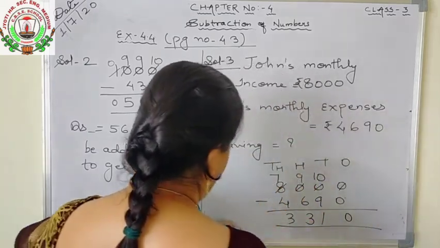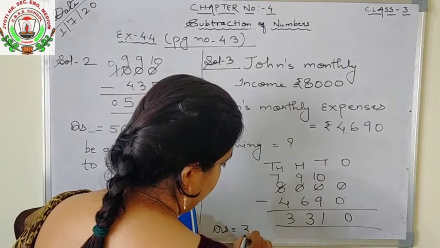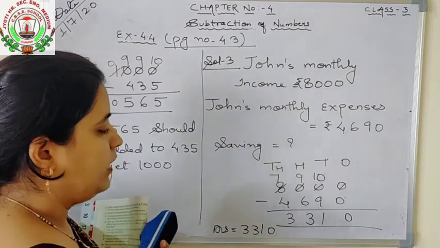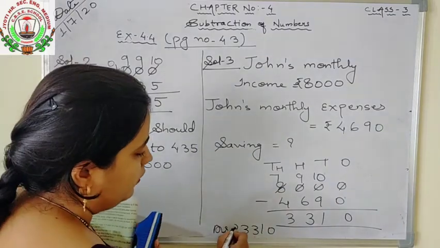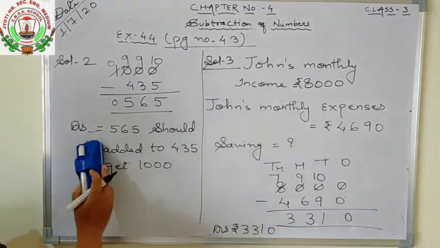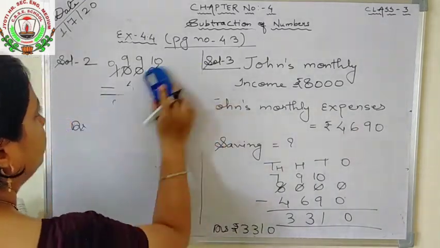So what is our answer? Answer is 3,310. It means John's monthly saving is rupees 3,310.